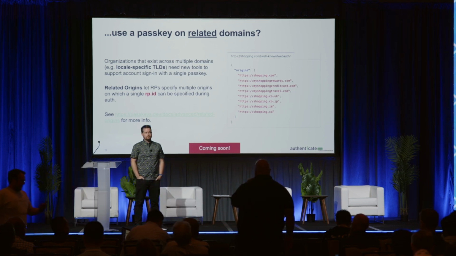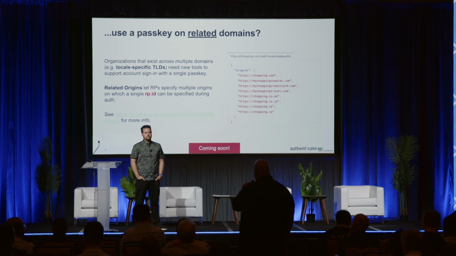Just a comment for the implementers in the room, both on this and on the subdomains. You're basically defining a scope where people can use these for authentication, which means they can be used for phishing. That's one of the reasons you might want to downscope to something like login.example.com, to make sure that only your login infrastructure has access to passkeys.